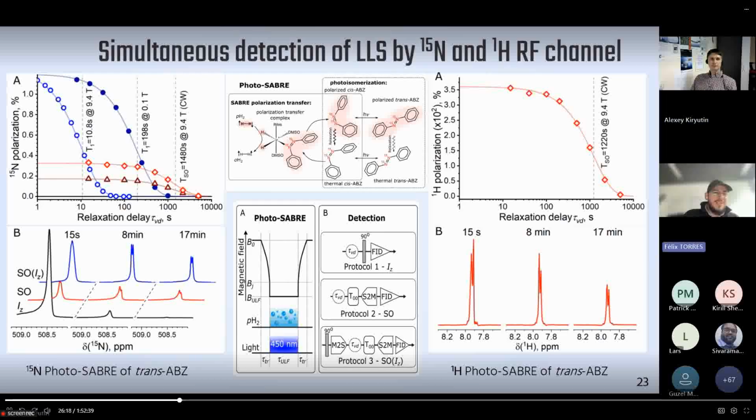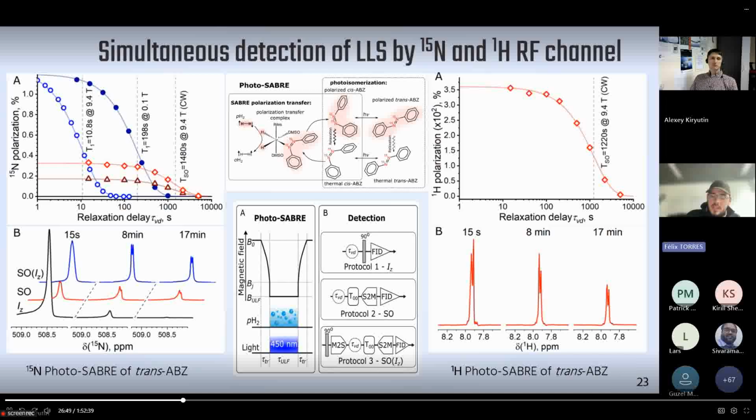Maybe I have a follow-up question for you, because one thing that I remember from 2D hyperpolarization is that we can often use gradients, for instance, to measure a 2D within one scan. One challenge is often to recycle the hyperpolarization from scan to scan, so we tend to either do that or do small angle excitation, so that we can record 2D and keep some polarization on the Z axis.